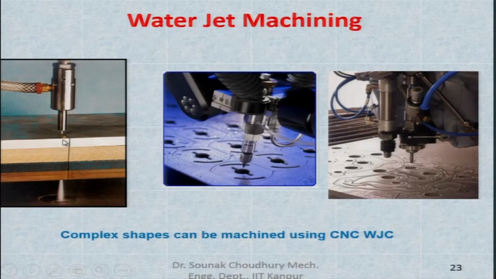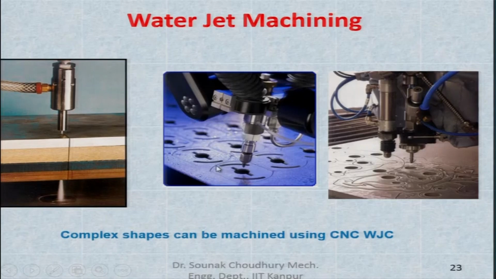You can see that this is the thickness through which the water jet can impinge and cut. So, this is wood, and the nozzle can be traversed so that the entire width can be removed. Now, here are other examples. You can see that this is some kind of plastic material, and here the shapes are very complicated.